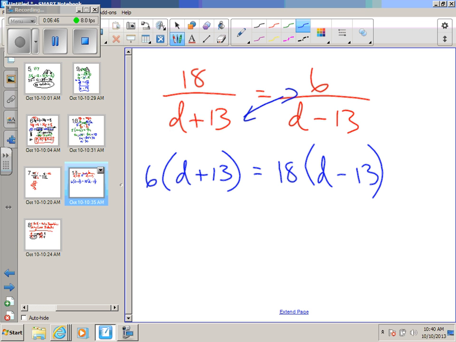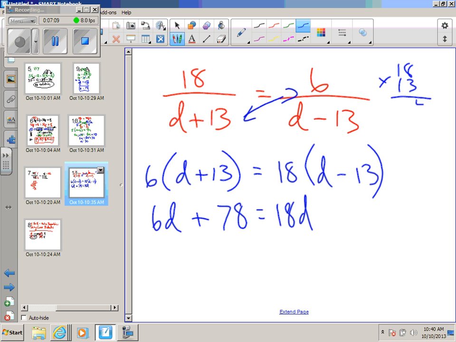So I have two sets of distributive properties to work through. 6d, what is 6 times 13? 78. 18d, what is 18 times 13? 234. What kind of 234? Negative, right?